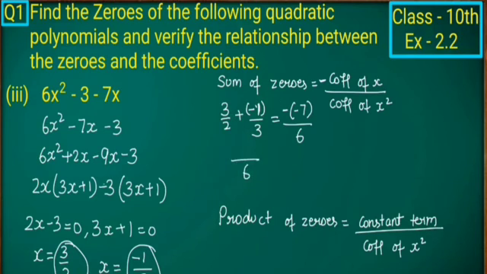So we have to solve this by the LCM method, and we will get here 9 and minus 2, and if we solve this, minus plus 7 by 6. By subtracting 9 minus 2, we will get 7 upon 6, and on the right hand side we also get 7 upon 6. In a similar way we can solve for the product of zeros also.